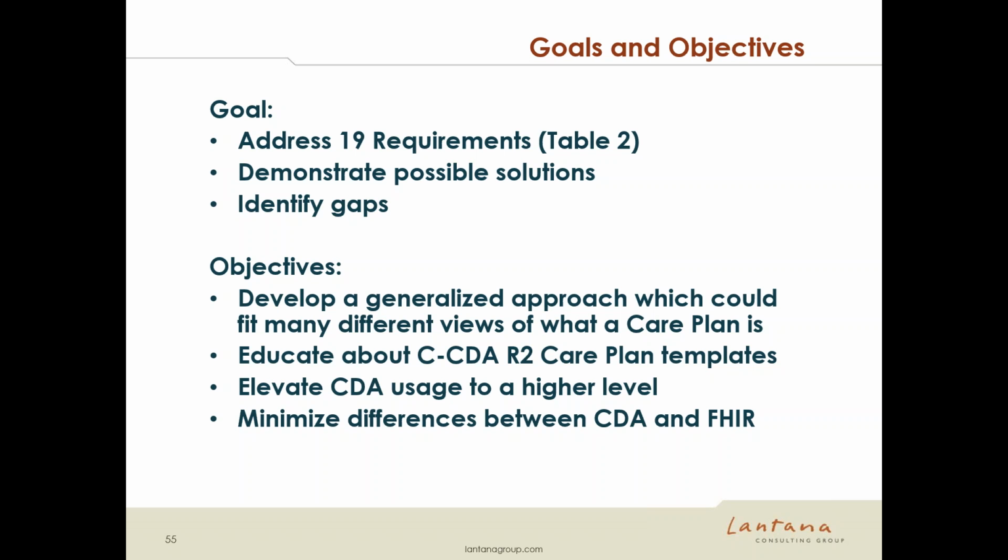And so we made a report that demonstrated how an implementer might, within the constructs of CDA, go above and beyond the guidance in the implementation guide for care plan document to address those 19 issues.